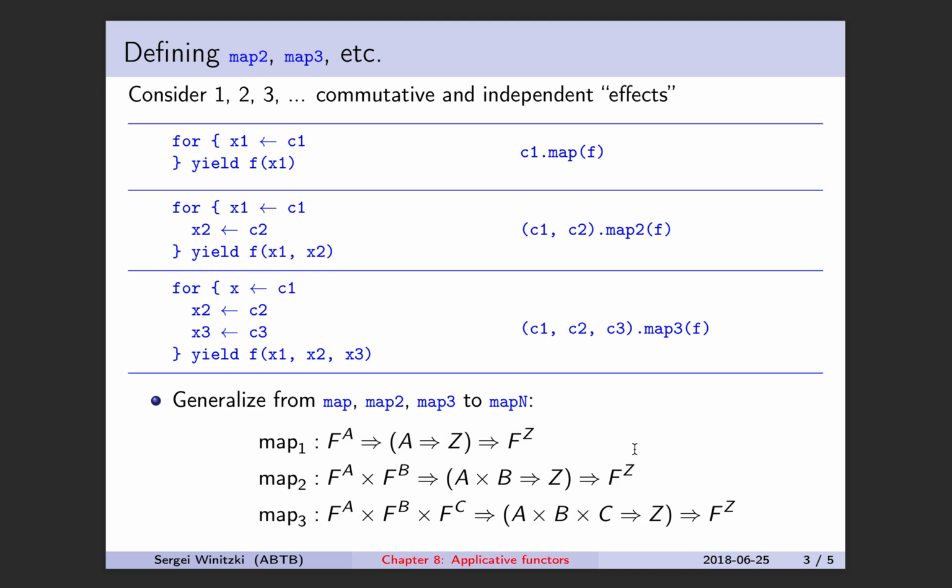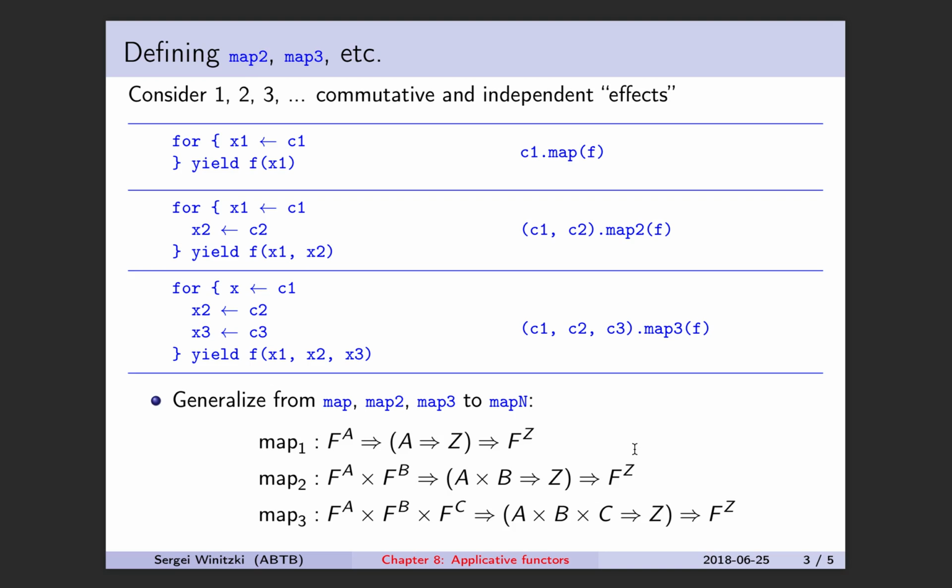because it requires us to consider the laws that must be satisfied by these mapN functions, and then it will be much easier to understand why all these functions are related to each other. But at the same time, it will require us to go much deeper into the relationships between these functions, the equations, and the laws.